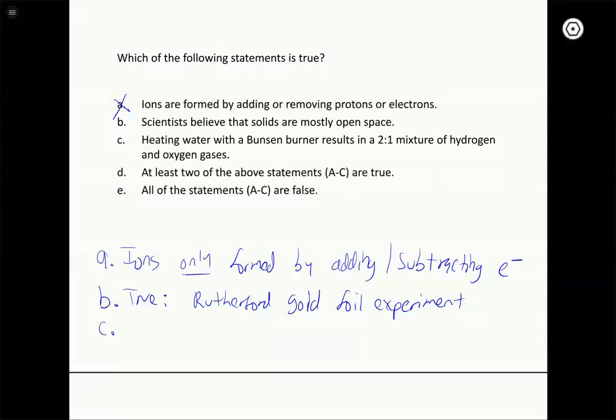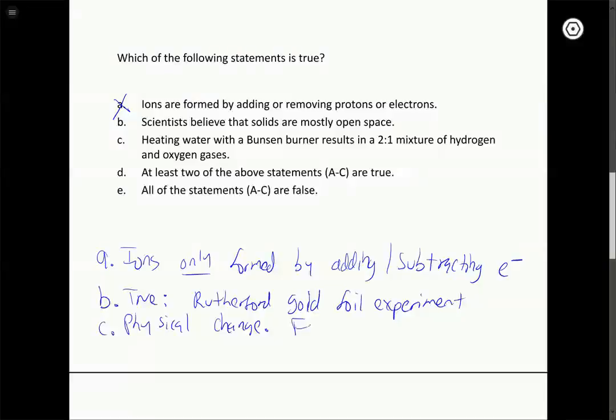So when you heat water in a Bunsen burner, this is just a physical change, not a chemical change. We're not going to be breaking any bonds or forming any new substances, so this one is also false. And then choice D and E are just at least 2 of these statements are true, or all the statements are false. Those don't work, so choice B is the only true statement.